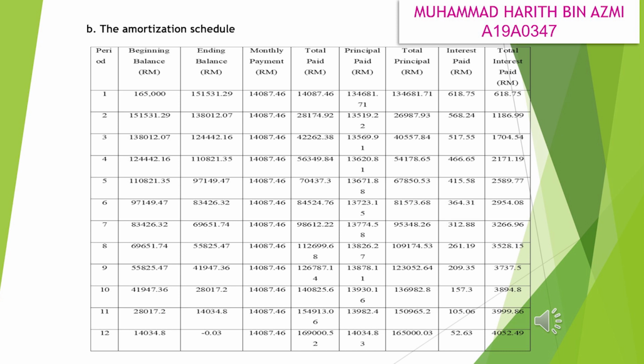Question B, the amortization schedule. Firstly, in the schedule, we must find the value of interest paid. The formula for the interest paid is I equal PRT. For the value P is 165,000, R is 0.047 and T is 12.